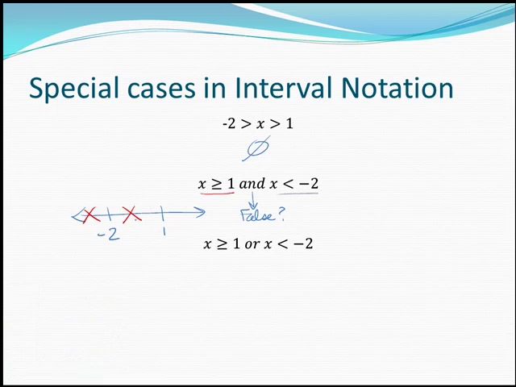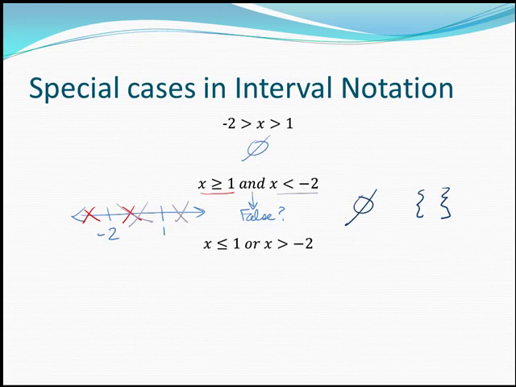So again, we're going to discard the numbers between -2 and 1, but also the numbers greater than 1. Here we see that we're left with nothing. And there is no number x that is both simultaneously greater than or equal to 1 and less than -2. The interval notation is empty set. You may also see it written in set builder notation with just the set symbols and nothing inside.